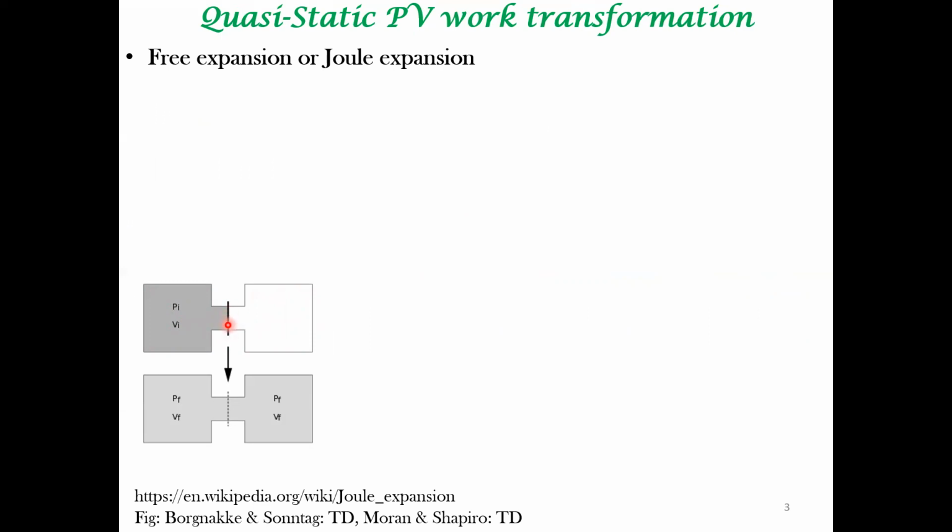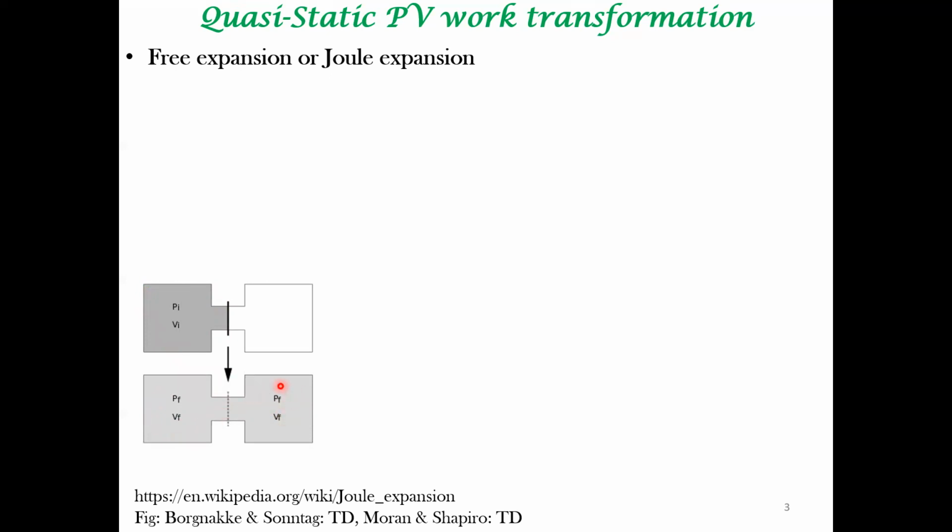Then let's say the partition is removed in some manner. In the final state, the gas has come to this side, the pressure is P final and the volume is V final. So the initial state and the final state are well defined.